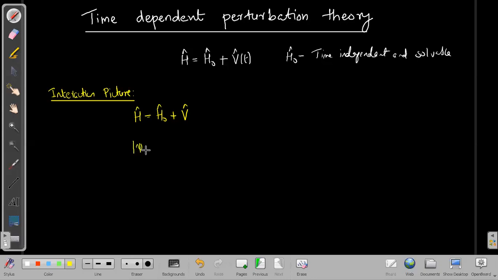The state of the system, psi of t, in the interaction picture is defined to be e raised to i H0 t by h cross times psi of t. Simply the psi of t means the state in Schrodinger picture.